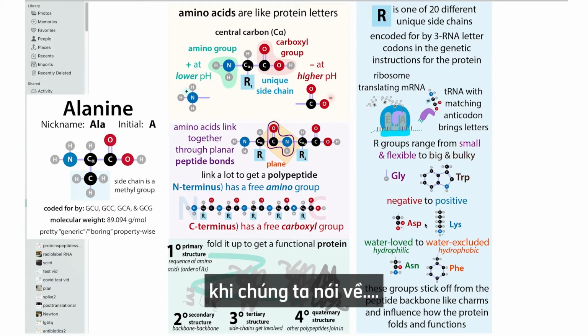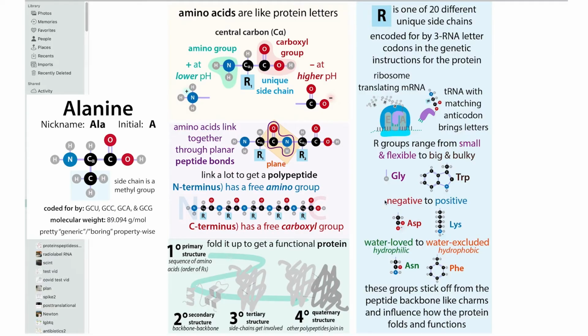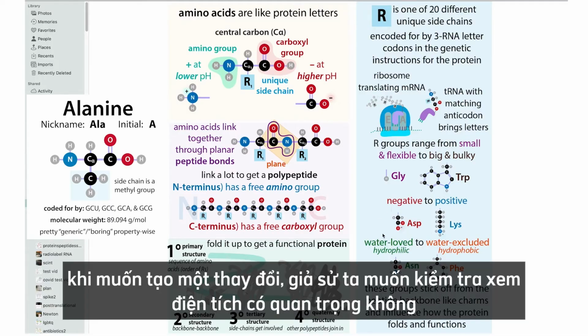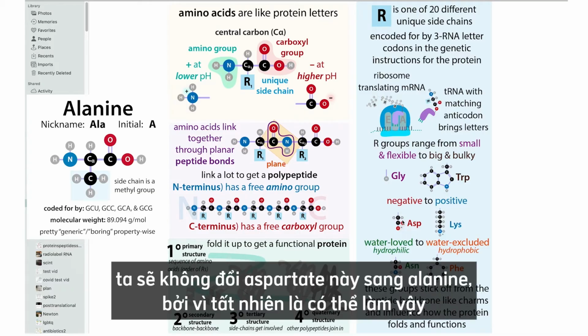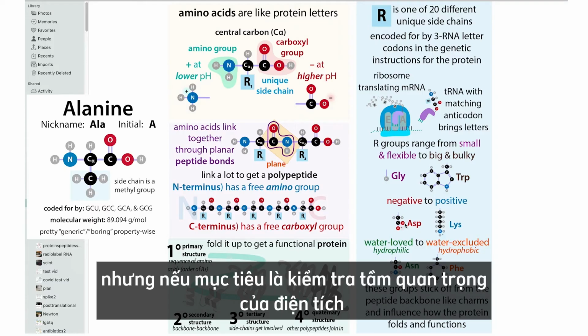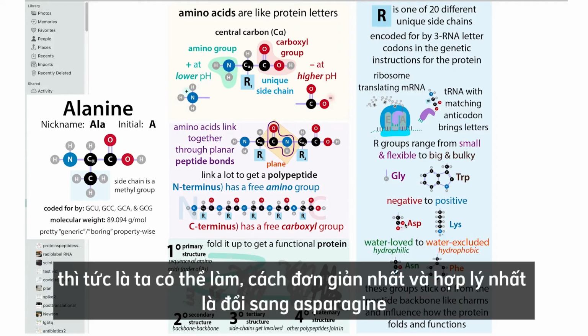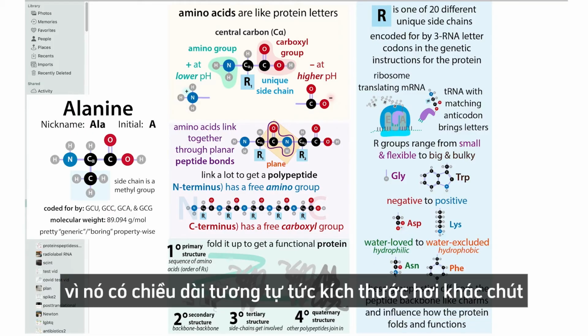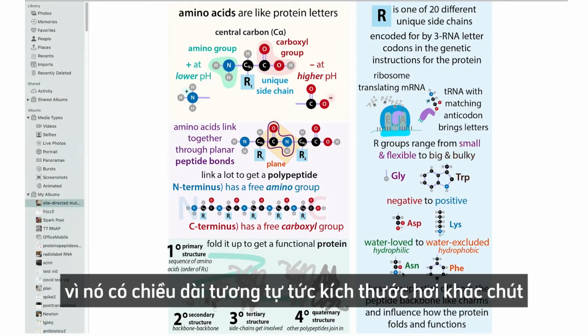When we want to make a change, say we were wondering if the charge is important, we wouldn't want to change this aspartate to alanine. Well, we might, but if we wanted to see whether the charge was important, the best thing would be to change it to an asparagine, which is the same length or so.